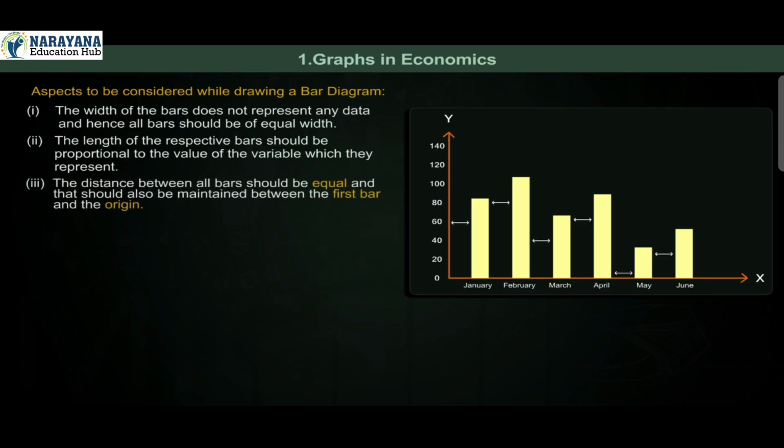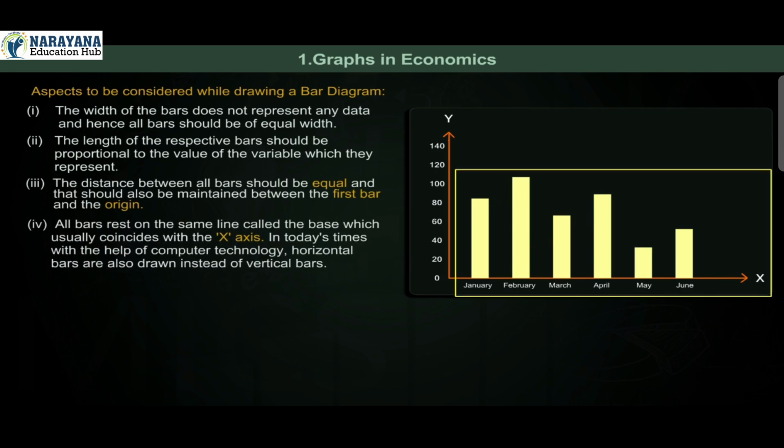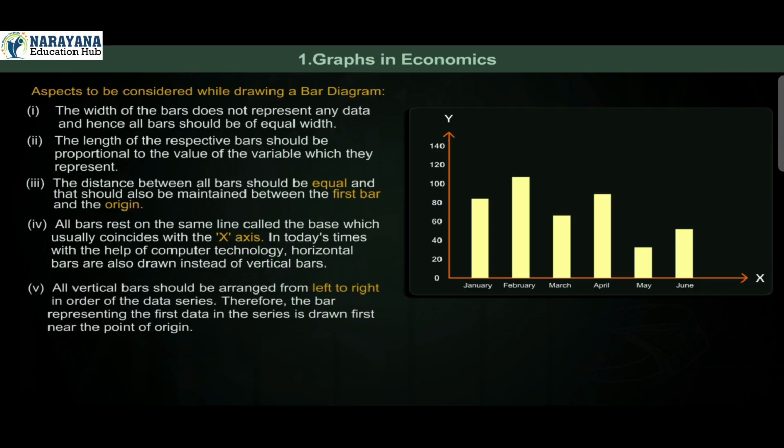The distance between all bars should be equal and there should also be maintained between the first bar and the origin. 4. All bars rest on the same line called the base, which usually coincides with the x-axis. In today's time, with the help of computer technology, horizontal bars are also drawn instead of vertical bars.